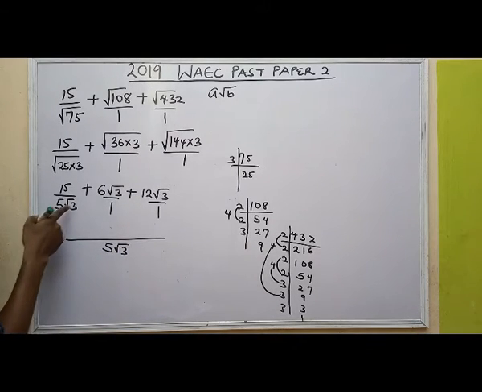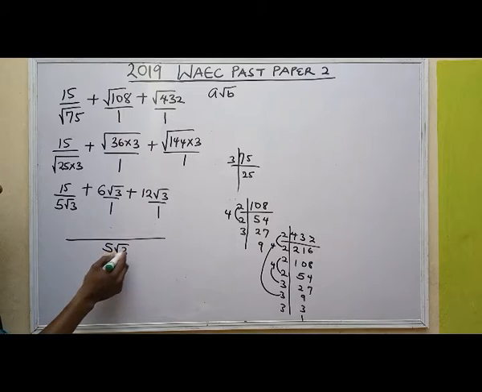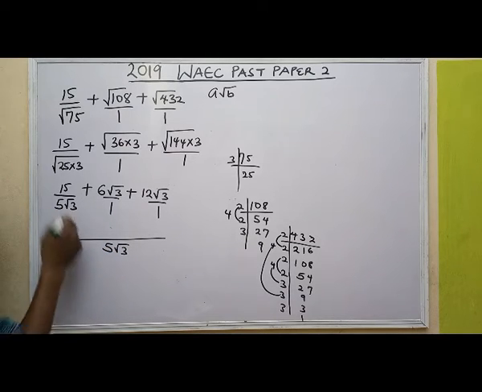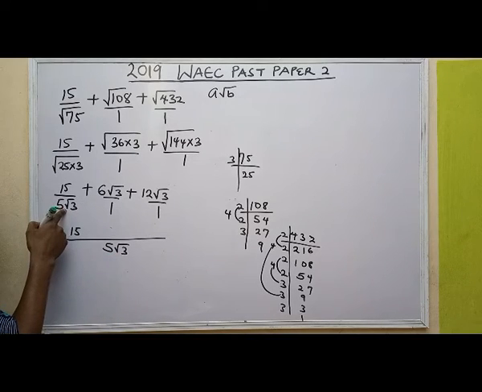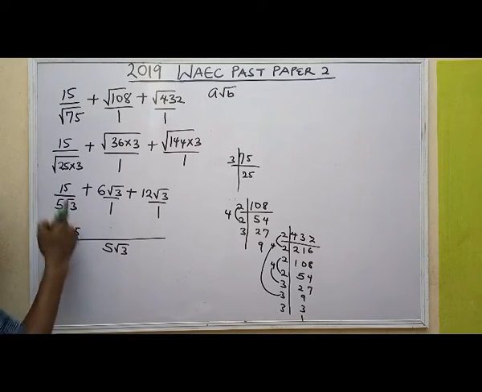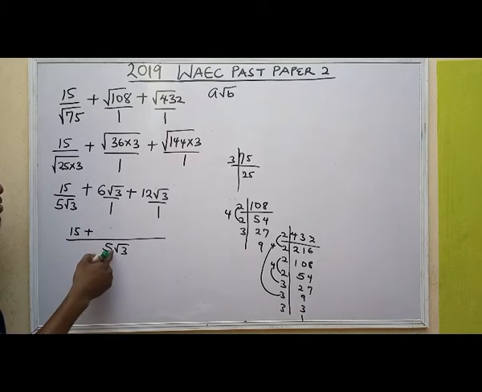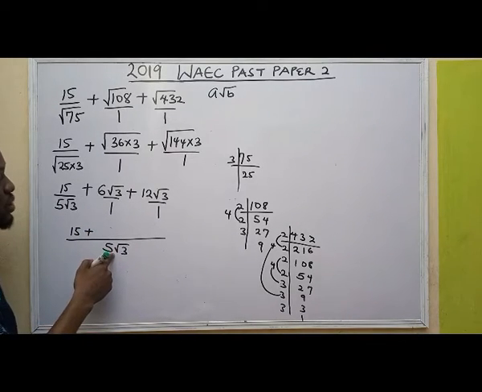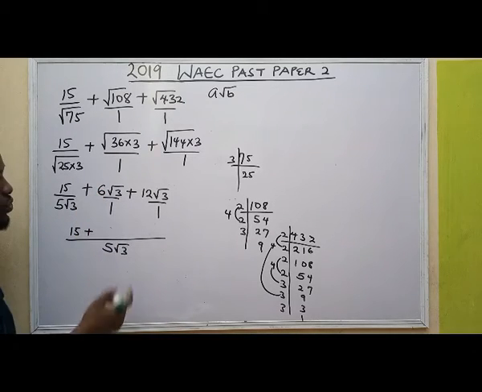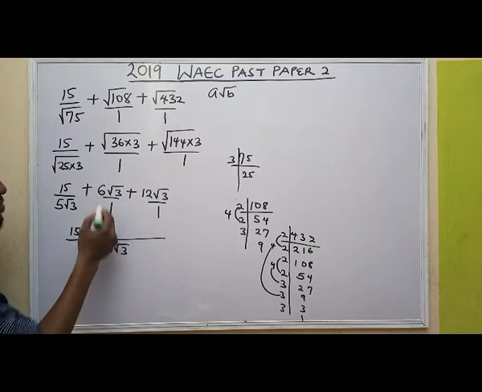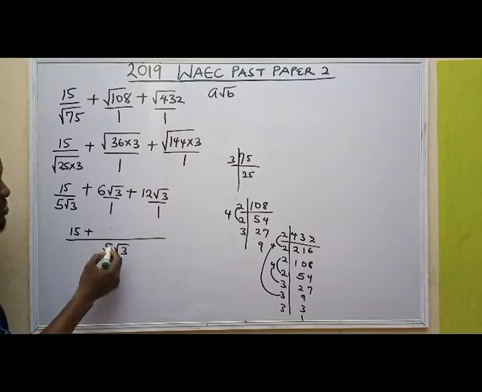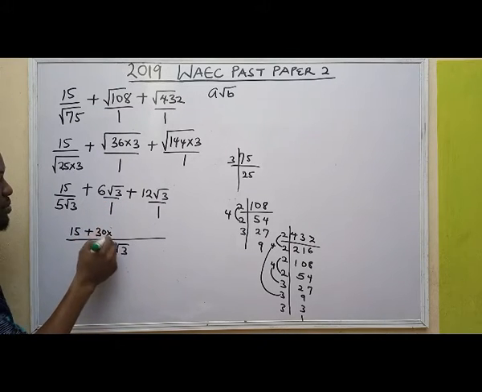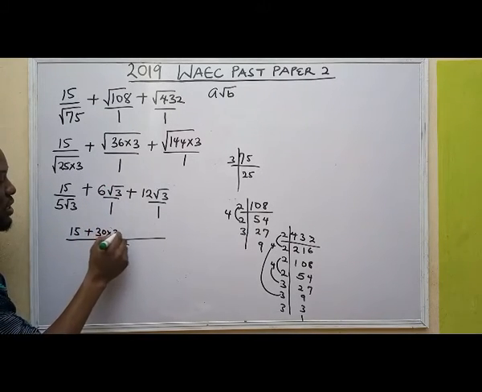Now, 5 root 3 divided by 5 root 3 gives me 1, 1 times 15 gives me 15, plus 5 root 3 divided by 1 gives me 5 root 3. 5 root 3 times 6 root 3: I multiply the number by the number and the radicals by the radicals. 6 times 5 is 30, root 3 times root 3 is 3.